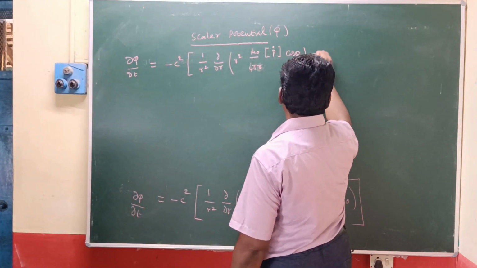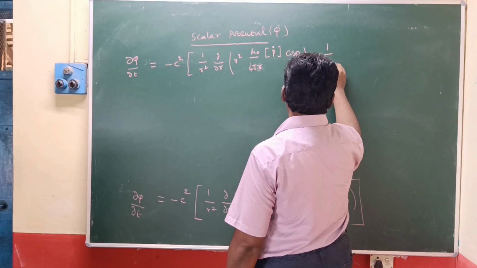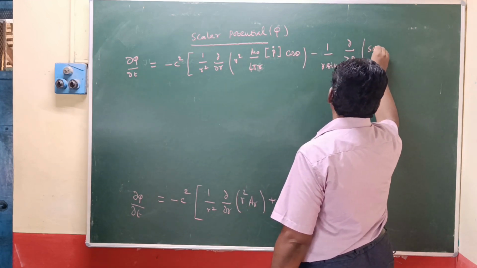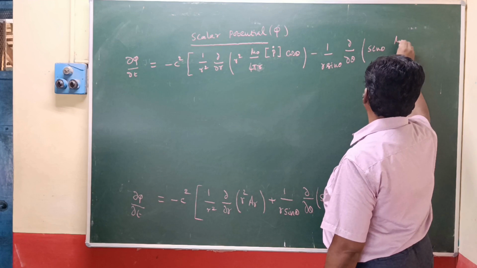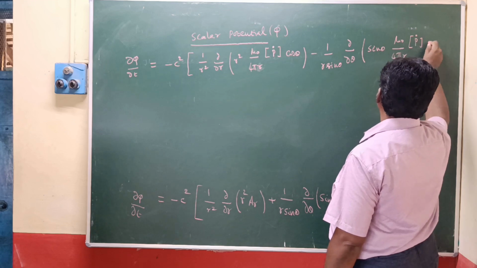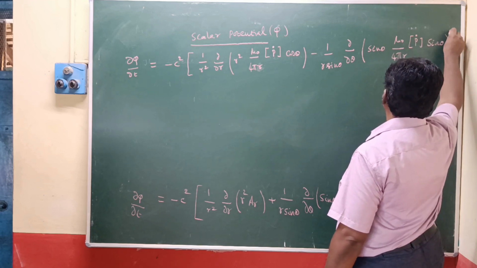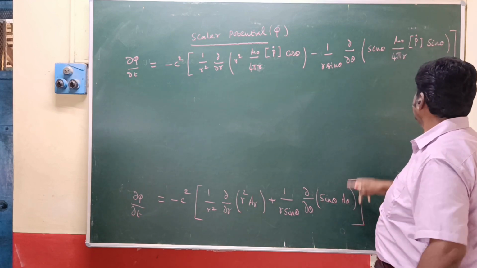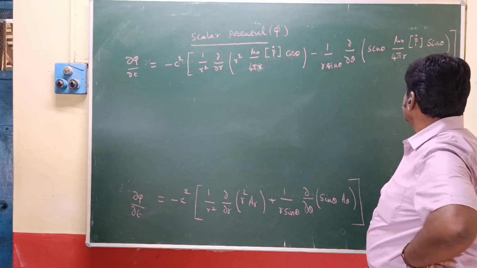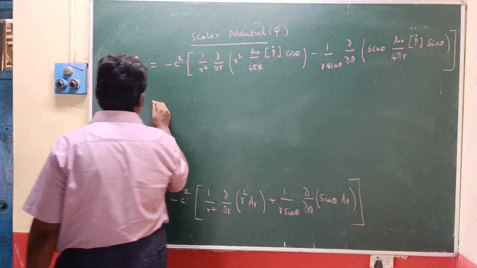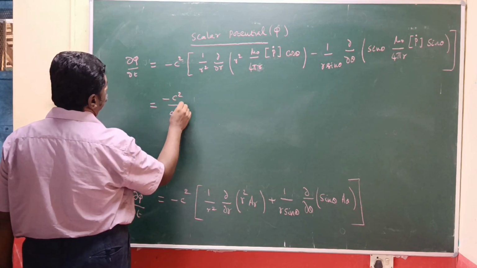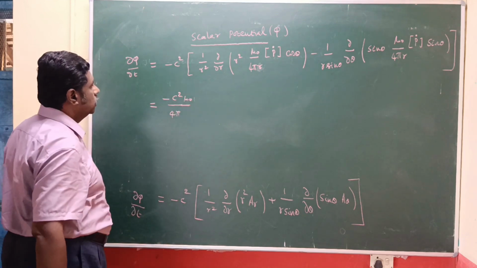Then minus 1 divided by r sin theta dou by dou theta of sin theta into mu naught divided by 4 pi r, P dot into sin theta. Here the value of A_theta is minus mu naught divided by 4 pi r, P dot sin theta. We have taken out the negative sign also commonly. This is equal to minus c square divided by 4 pi multiplied by mu naught.